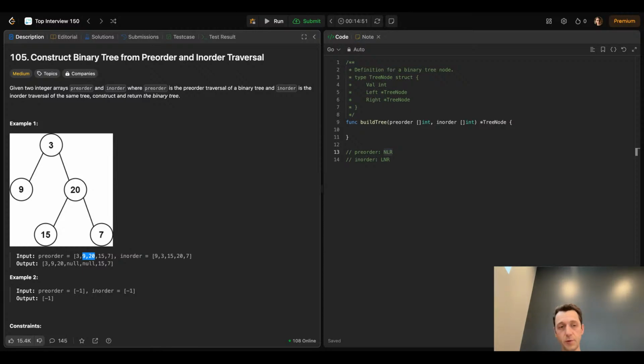But it could be 9 goes to 20 is the left, and then 15 is the right. And then there is just 7 that could be anything. So it doesn't give us enough structure.